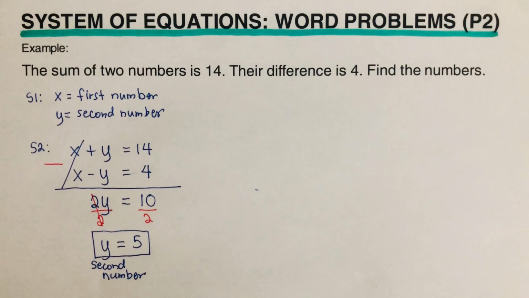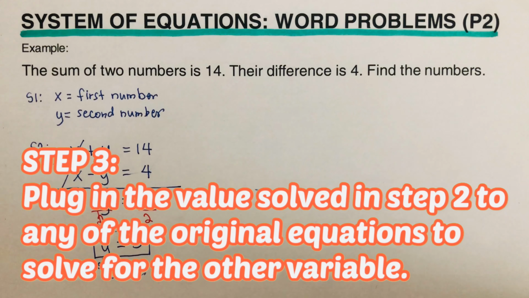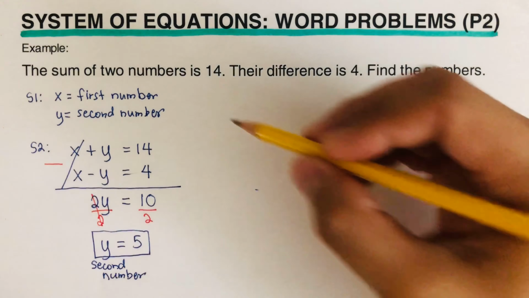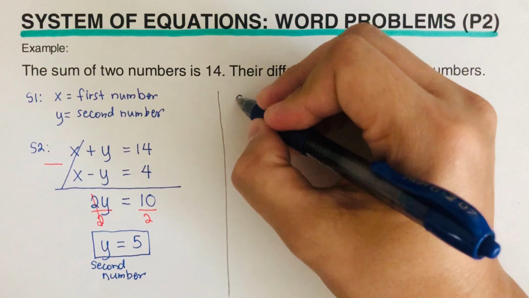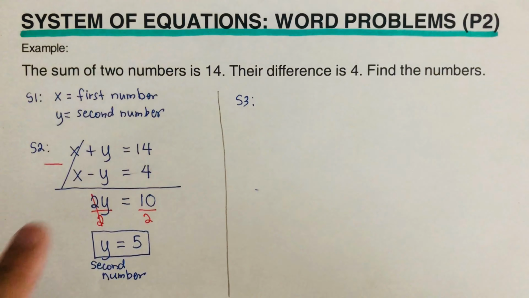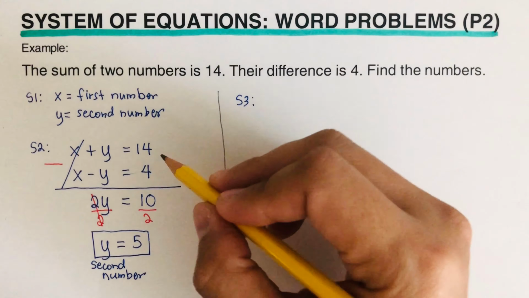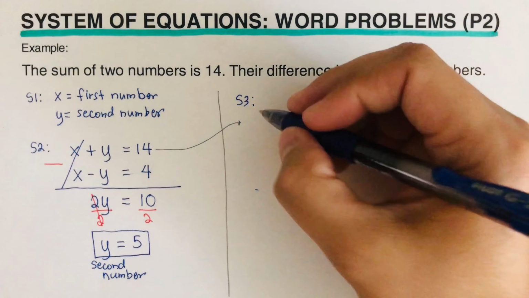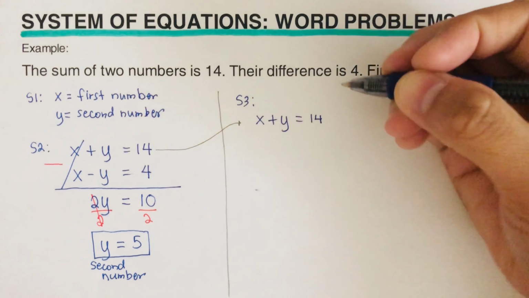Okay, so we're now ready to move on to the third step. The third step is to plug in the values solved in step 2 to any of the original equations to solve for the other variable. So I'm just going to label this as step 3 right here. We can use any of these original equations. It doesn't really matter, but let's use the first one right here: x plus y equals 14.